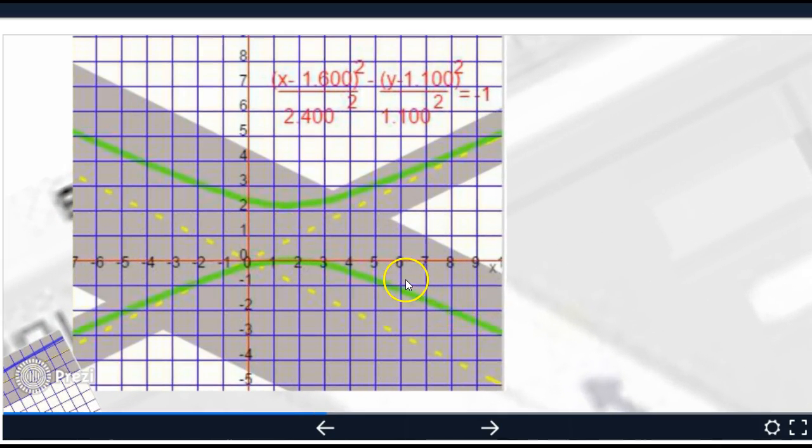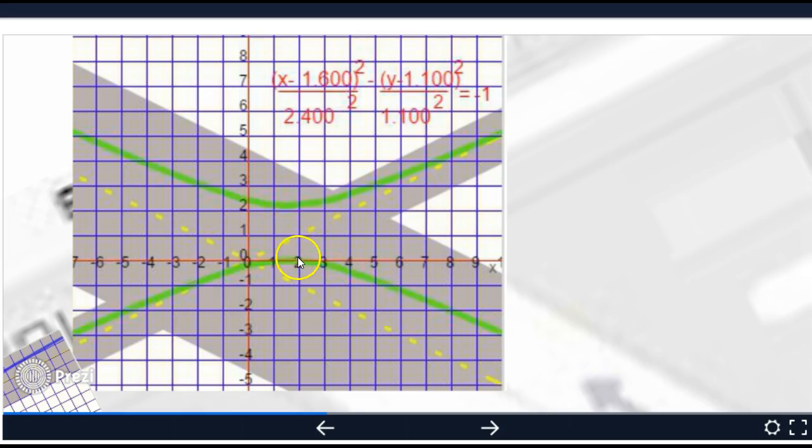So let's look at where the center of this hyperbola is. You can kind of see that the center is about maybe like there, okay? So that looks like it's about 1.5 comma 1.2, something like that. So if you look at the h and the k values here, x minus h, y minus k, you can see that the h value is 1.6.